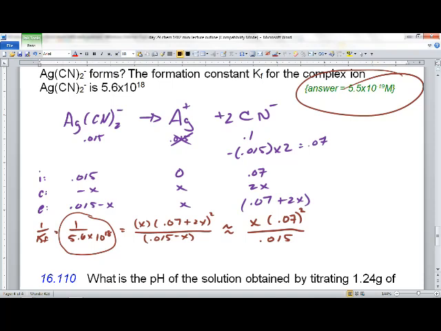What are you getting? Let me just test to make sure. I might have to change it. 5.6, probably using your calculator, times 10 to the 18th, right? Times 0.015.